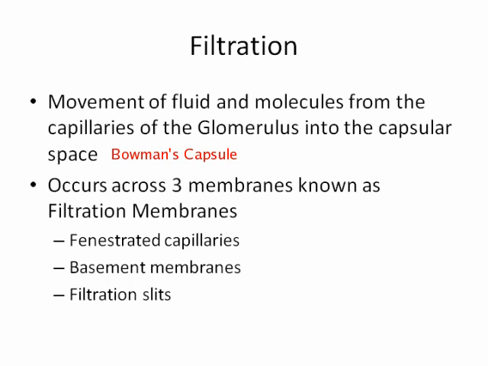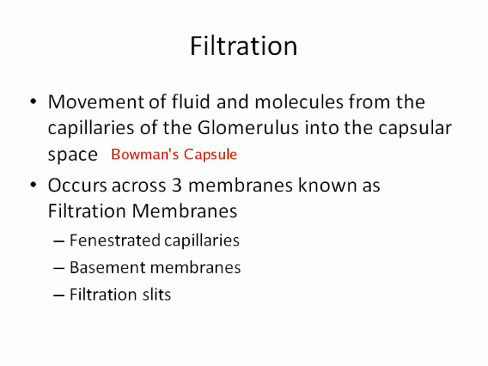And really what is happening here is we've got a series of 3 steps or 3 layers that filtrate needs to pass through in order to ensure that only the essential waste products are removed. And when I say essential waste products, what I'm talking about is we want to make sure that red blood cells are not being removed.